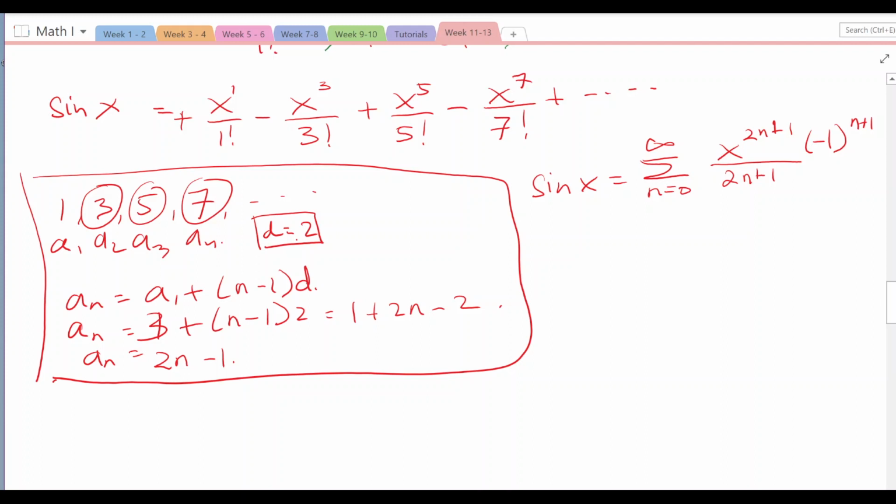So we have 3 plus 2n minus 2, which gives 2n plus 1.